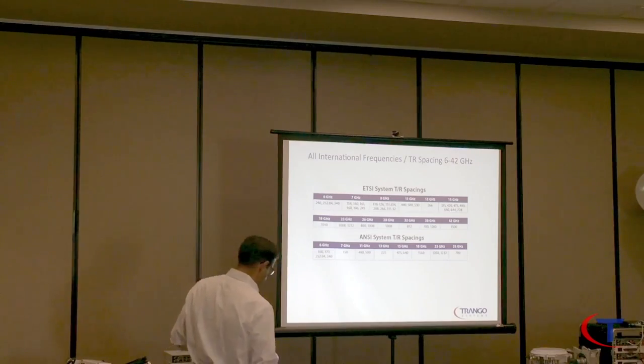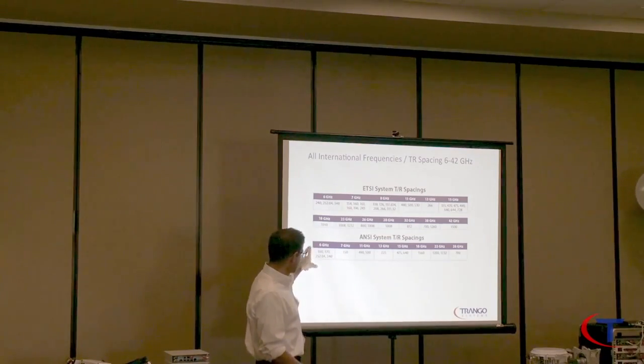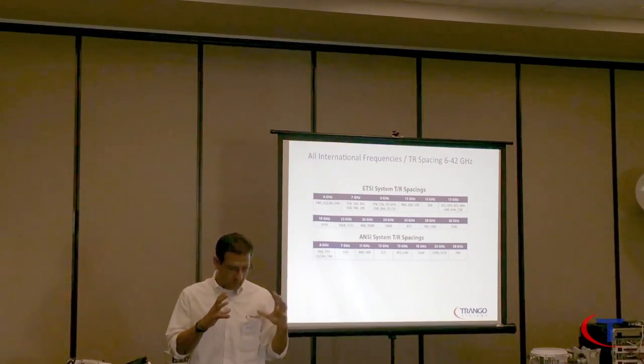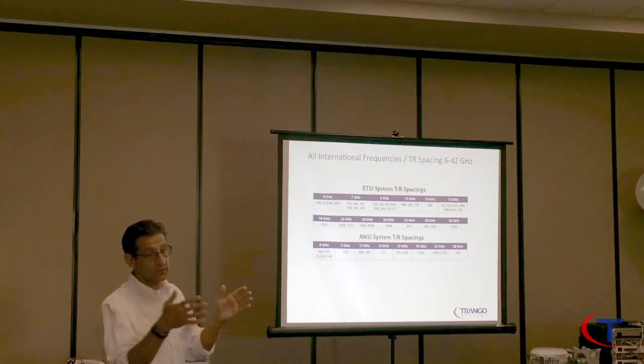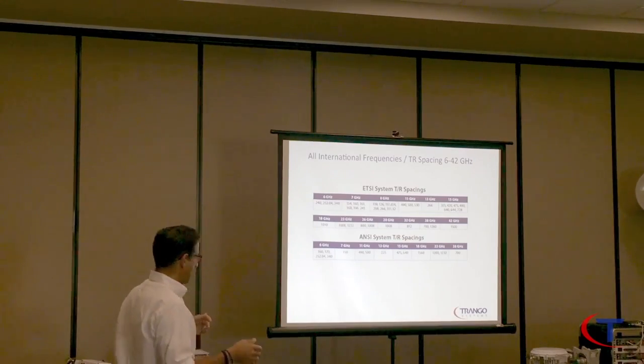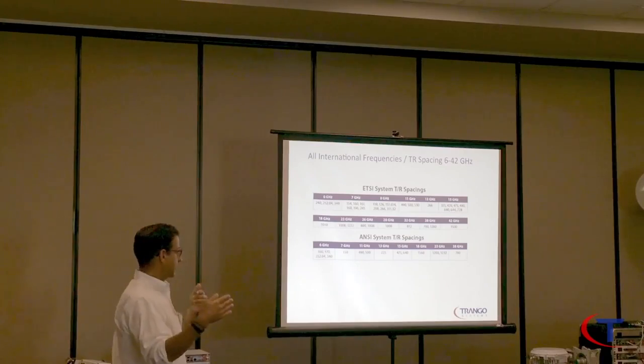We are only concerned with ANSI system spacings. This is the amount of frequency between your transmit and your receive frequencies, or between your two transmit frequencies, if you want to look at it that way.